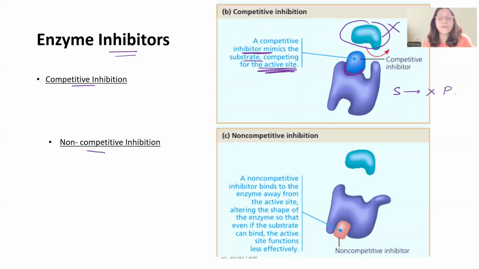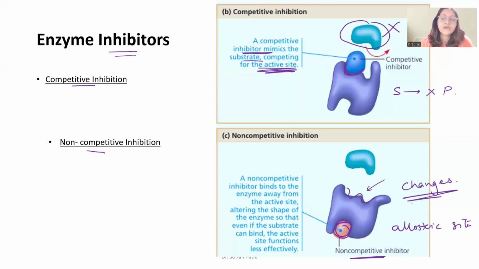While non-competitive inhibition says that it doesn't compete with the active site, but it has another site, which we call the non-competitive inhibitor binding site, or the allosteric site. At this place, it will bind and the shape of the active site changes.